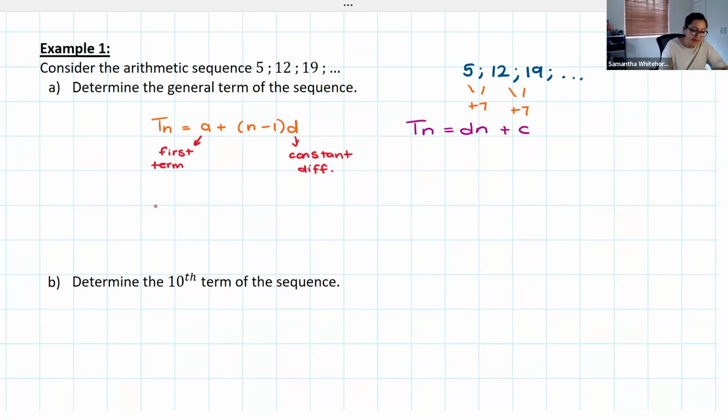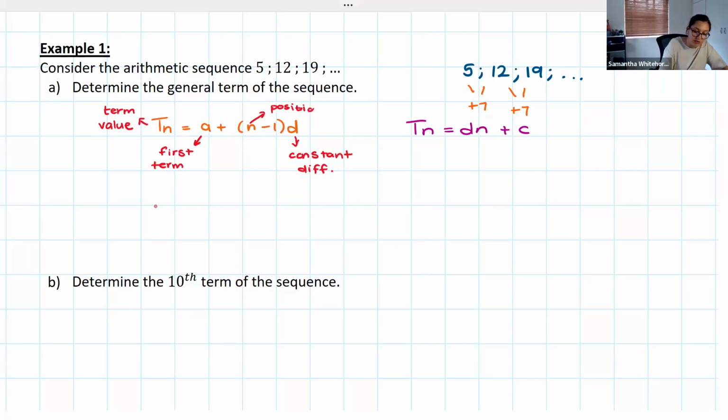But yes, exactly. A is our first term, and then just a reminder, Tn is the value of your term. So for example, if you wanted the value of term 3, we know that's 19. So it's the value of your term, whereas n is the position of your term.